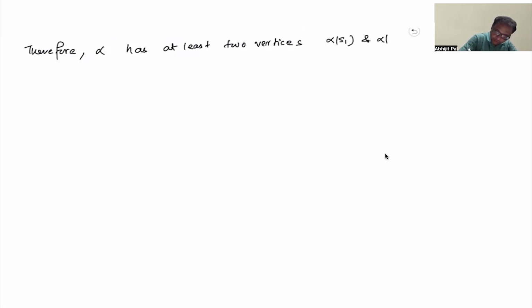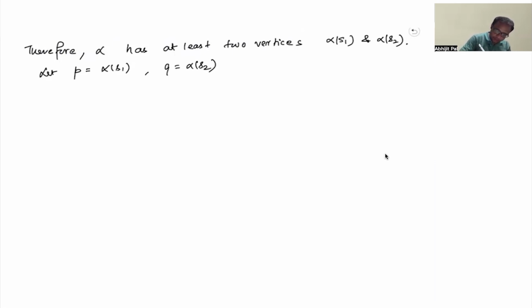So alpha has at least 2 vertices, alpha(s1) and alpha(s2). Let us take P to be alpha(s1) and Q to be alpha(s2).